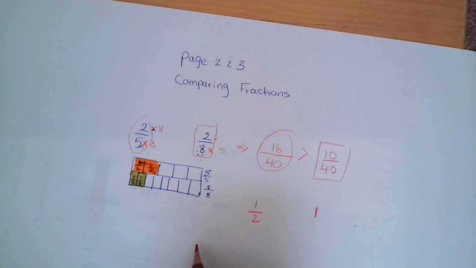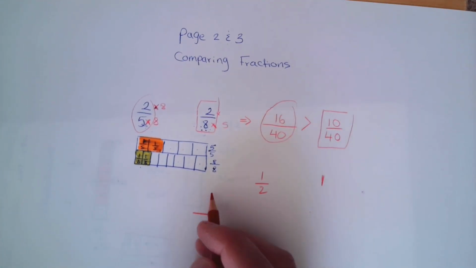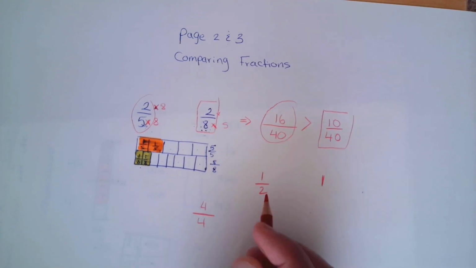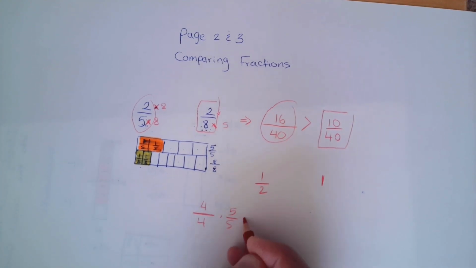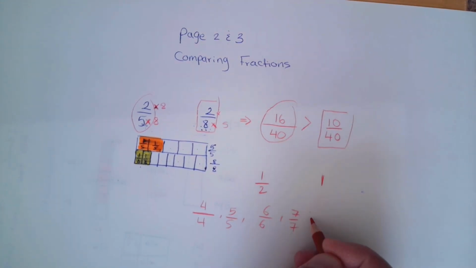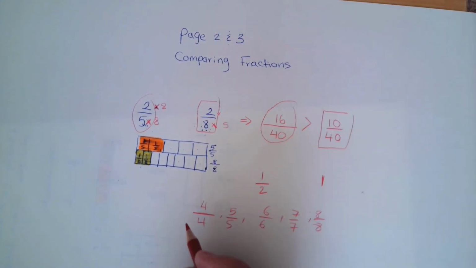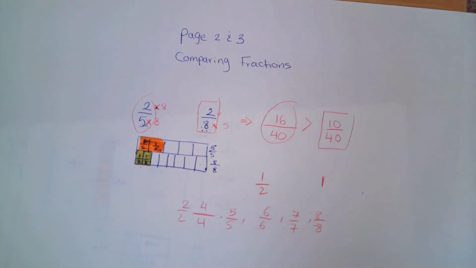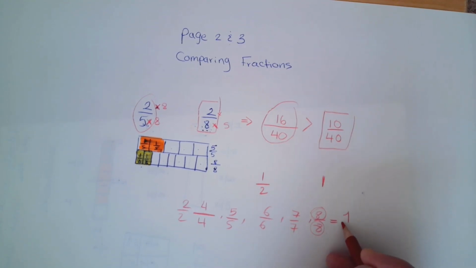Any fraction that has all the parts, meaning 4/4, 5/5, 6/6, 7/7, 8/8, or 2/2, or 3/3, whenever the number of available pieces is the same as the number of parts, when the numerator and the denominator are the same, that gives you a whole.